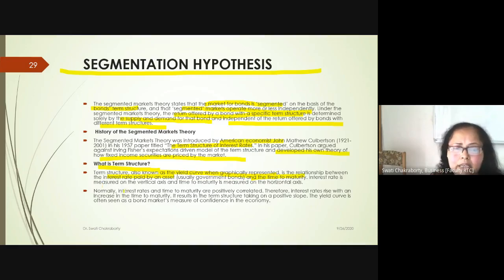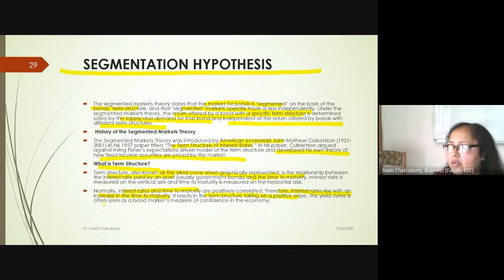Normally, interest rates and time to maturity are positively related. More time, more interest. Short time, less, and that's why there is volatility in short-term investments, right? So interest rates rise with an increase in the time to maturity, and it results in the term structure taking a positive slope.